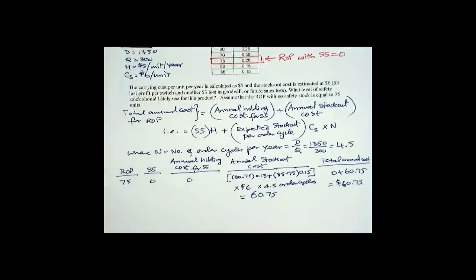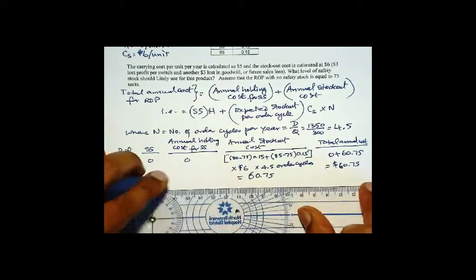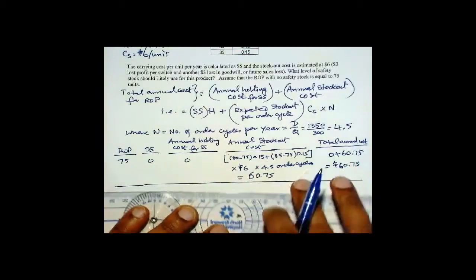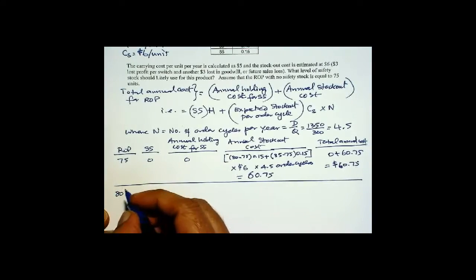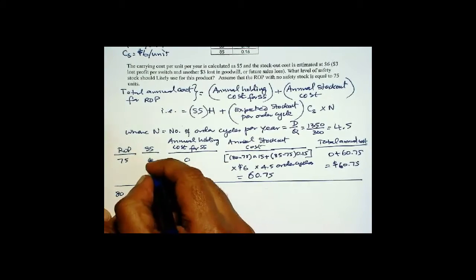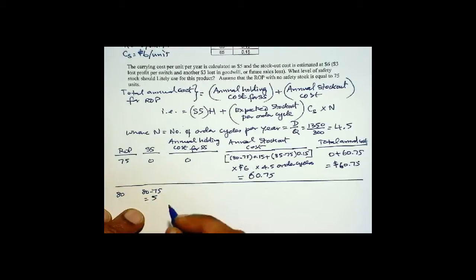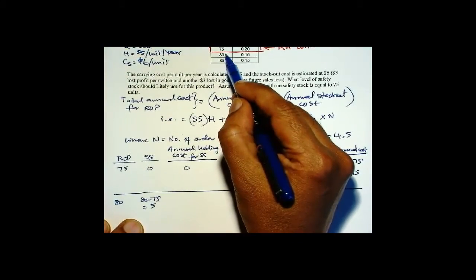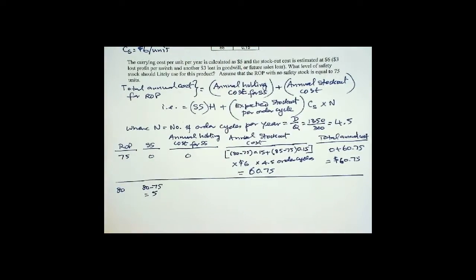Now let's look at the second case. We set the ROP to be 80. Then safety stock will be 80 minus 75, which is 5. We have added 5 units as safety stock, that's why your ROP now is 80.